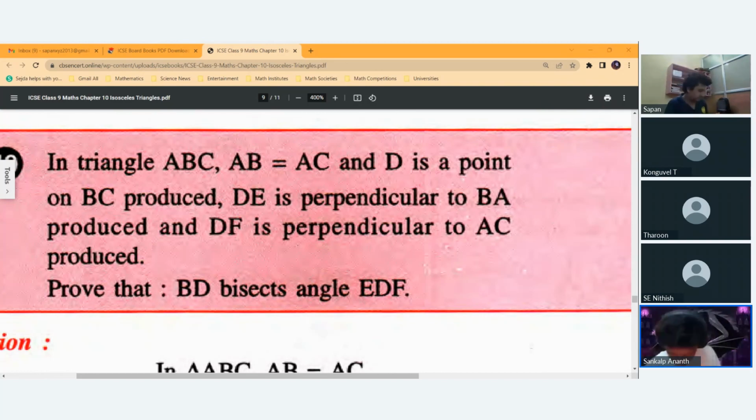Sir, I got it. Go on. Yes, sir. One second. Nearly got it. Wait, is E the midpoint of B and C? Oh, wait. Maybe, maybe not. E is perpendicular to B.